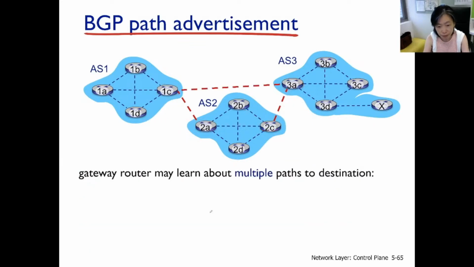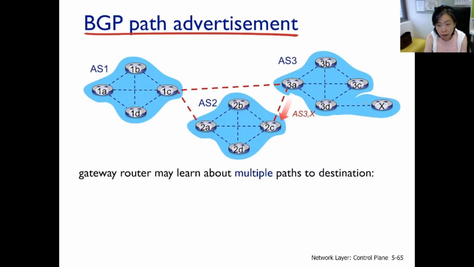Second example is a bit more realistic. So 3A here, the gateway router of AS3, might have multiple eBGP connections to outside. In that case, a gateway router might learn multiple paths to a destination in AS3.